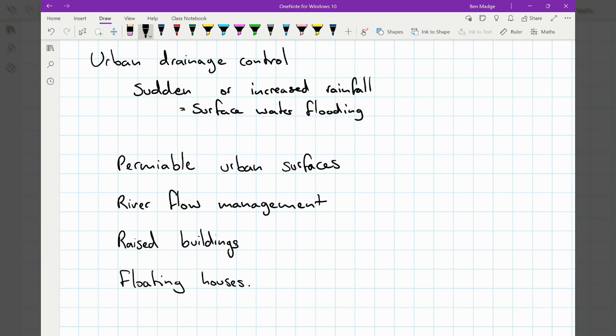This is like large puddles and blocked drains filling roads with water and stuff like this, or it can contribute to downstream flooding.